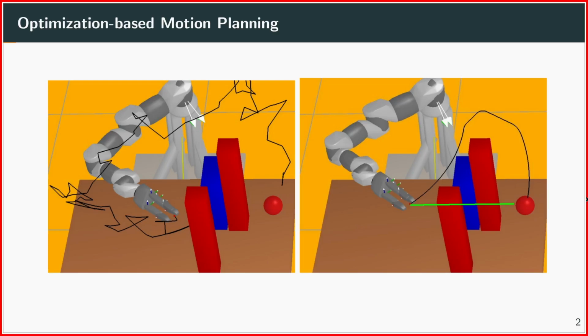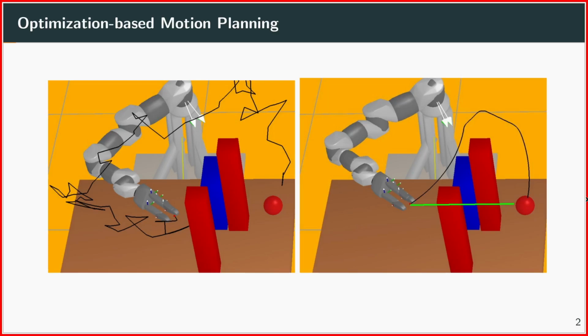Something which is also interesting is that there are a lot of optimization-based planners which can also take as input an infeasible path. So for example, if you have just a straight line, this green path here, they can take this as input and generate, for example, an output which is close to optimal and also feasible.